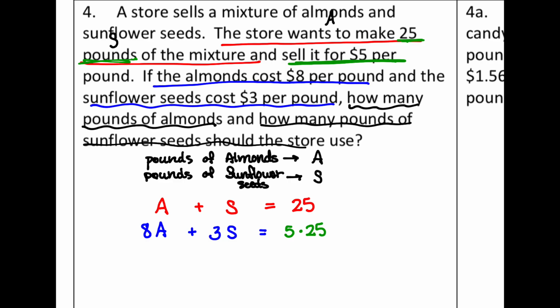How's that for weird? Let me simplify it. If it sells for $5 a pound and you had 25 pounds, it's going to be $125. And that's going to go right here. And there's our system.